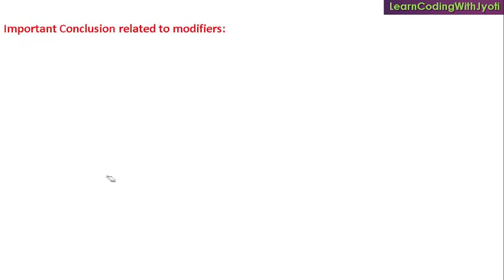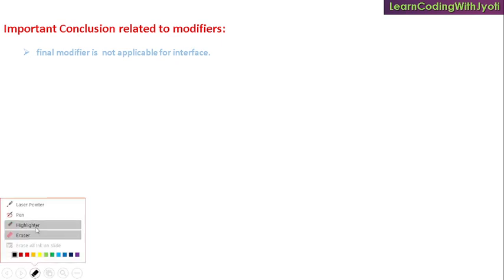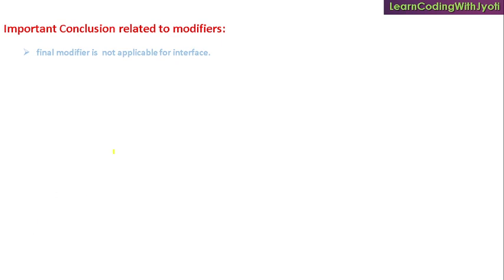Let's see the important conclusions related to modifiers. The first is final modifier is not applicable for interface. As you know, in interface we don't have implementation. That's why we can't declare interface as final. The second conclusion is every enum is by default final.